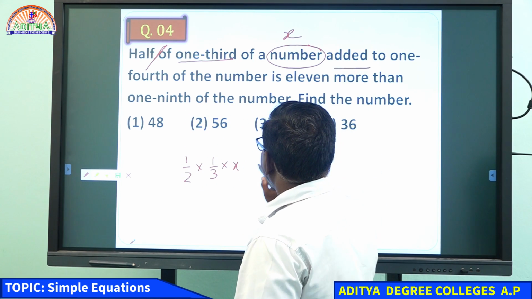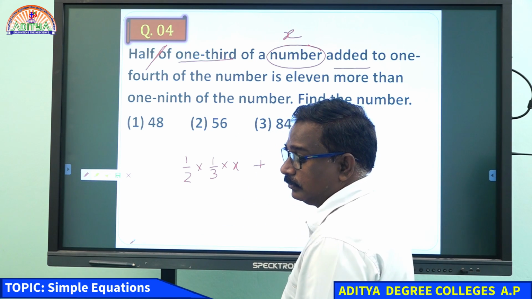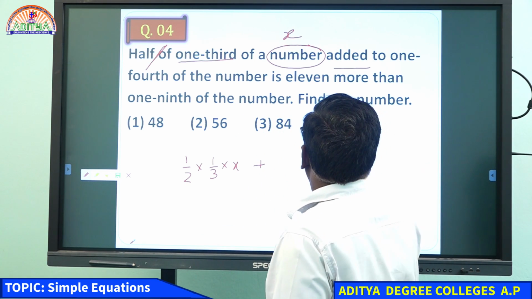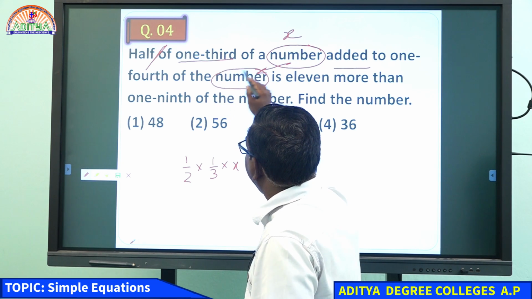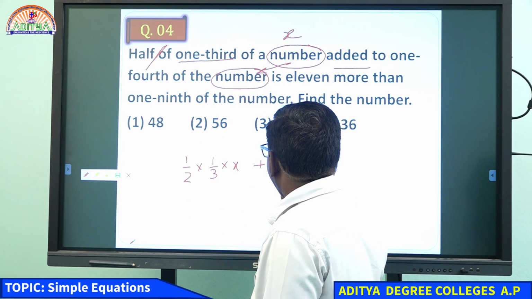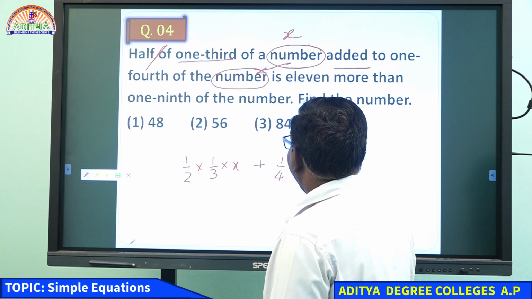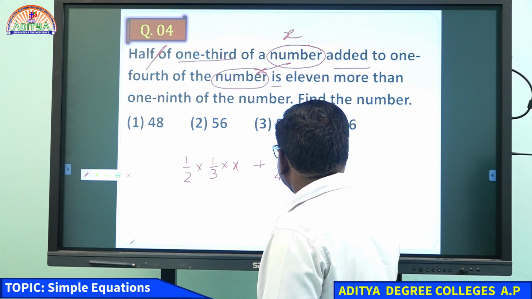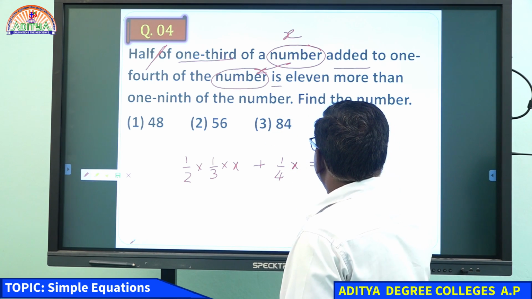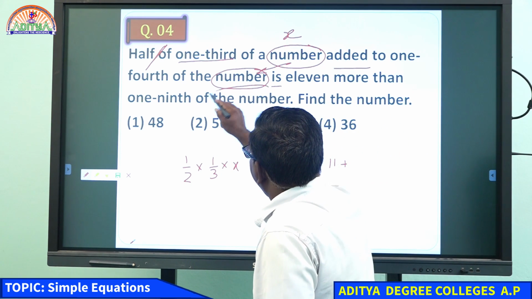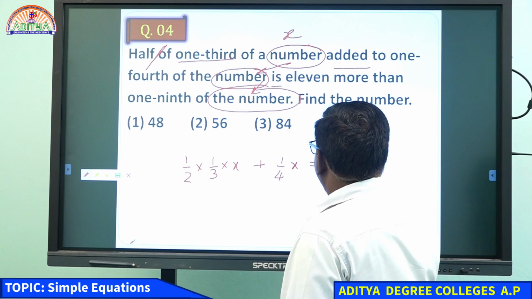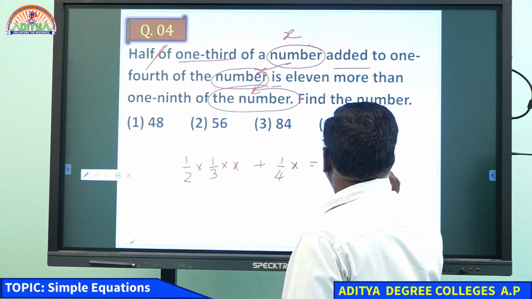Added to means plus you write. 1/4 of the same number is 11 more than 1/9 of the same number.